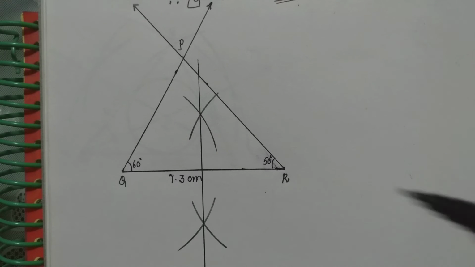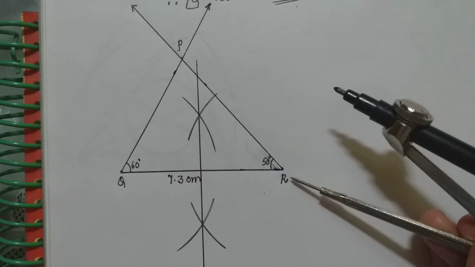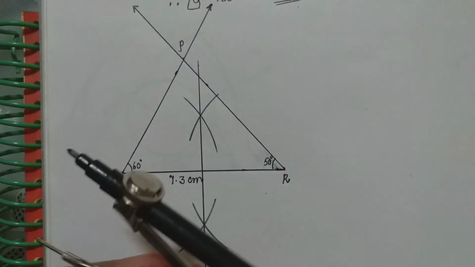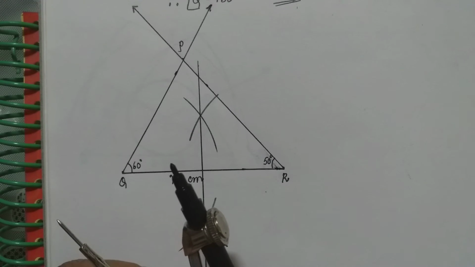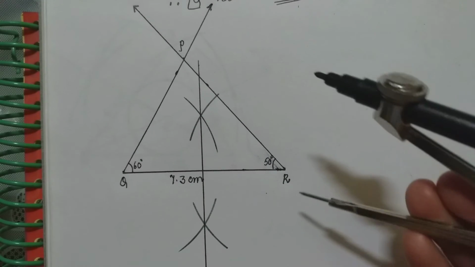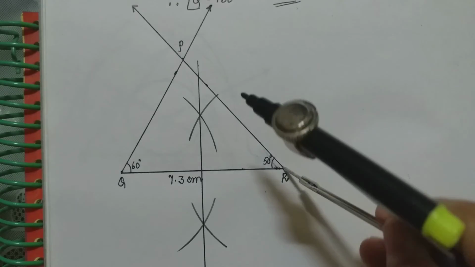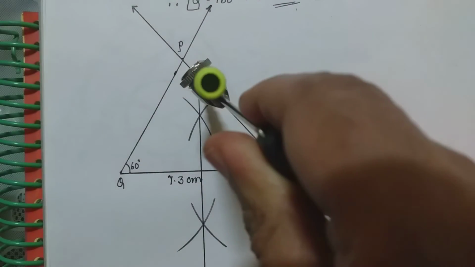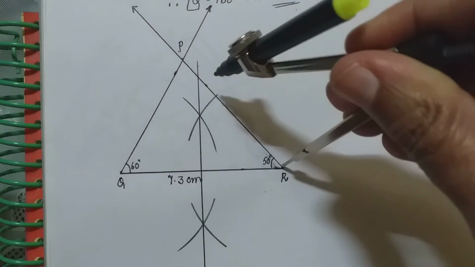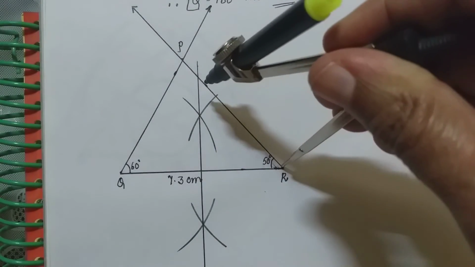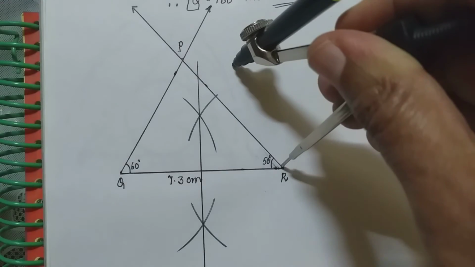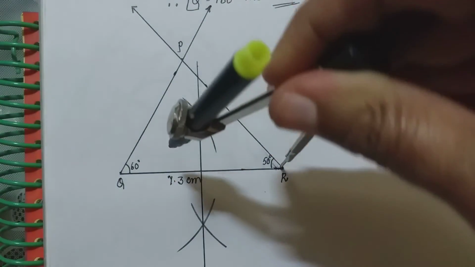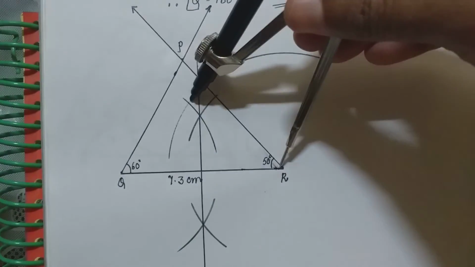Now we have to draw one more perpendicular bisector. So let us take the perpendicular bisector of side PR. Keep the point at R and with little more than half the distance of PR, we draw one arc above PR and one arc below PR.